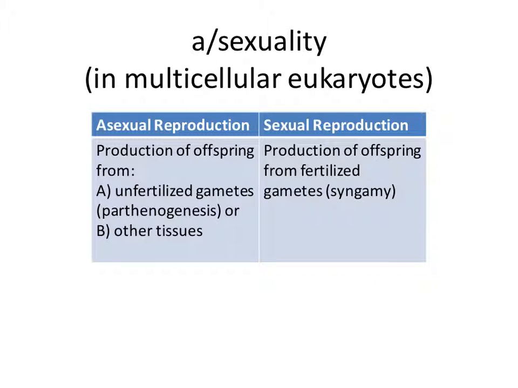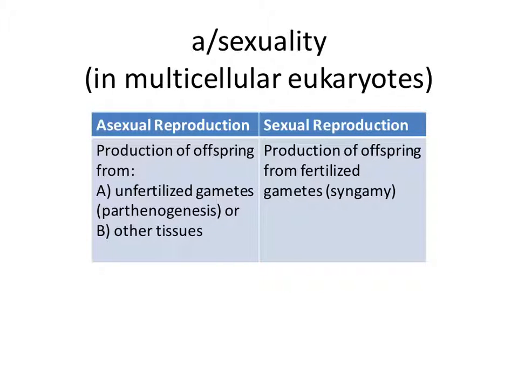So this is sort of an easy or basic way to break down sexual reproduction versus asexual reproduction here. If you've got the bringing together of two different types of gametes, clearly that's sexual reproduction. So that's what you look for if you're going to define a species as sexually reproducing. That's the most important thing, is that sperm meets egg.